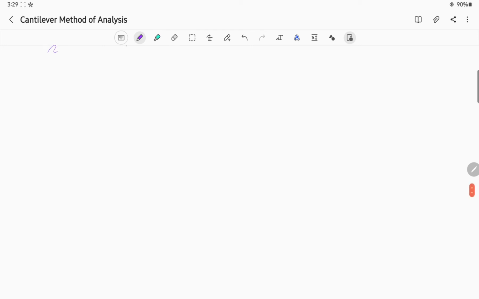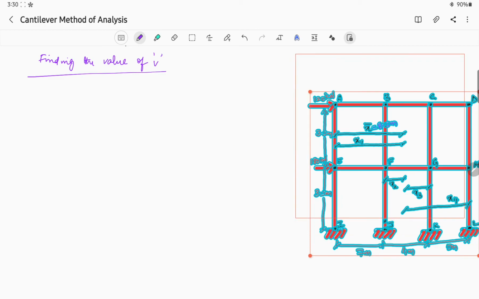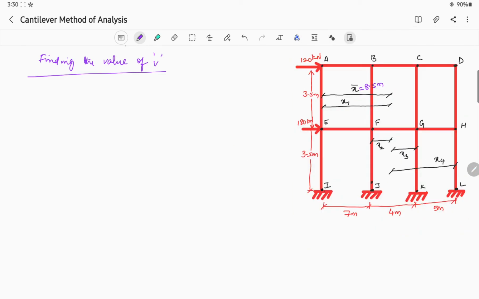Finding the value of V now. So to calculate the value of V, see here, what we will do here, you see. We'll take moment of all forces about point M is equal to 0.